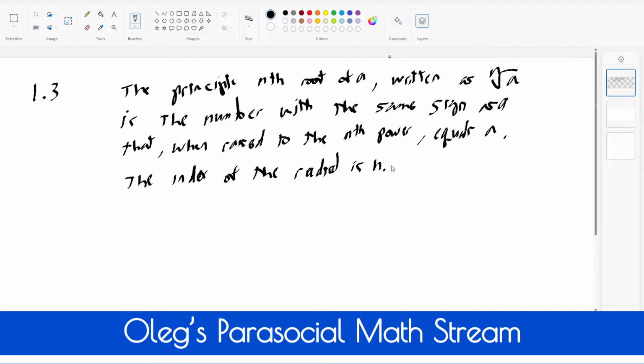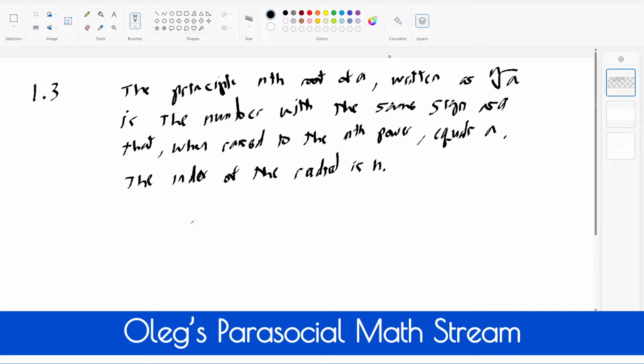Let me read the question one more time. Every number will have 2 square roots. What is a principal square root? The principal nth root of a, written as n root a, is a number with the same sign as a that, when raised to the nth power, equals a. The index of the radical is n. So if every number has 2 square roots, what is the principal square root?